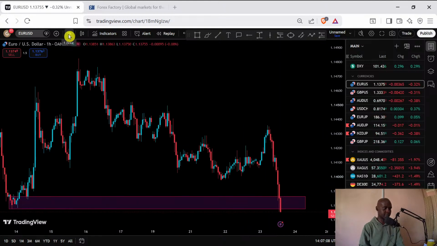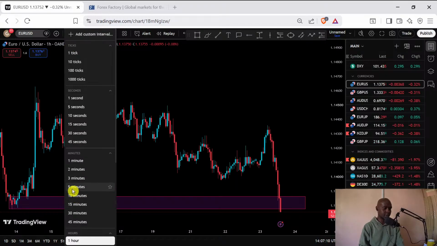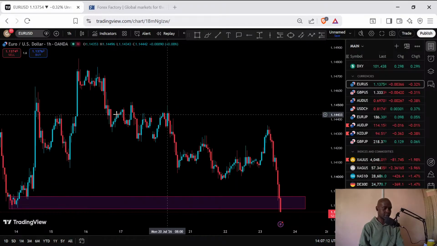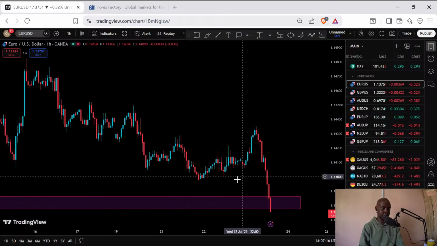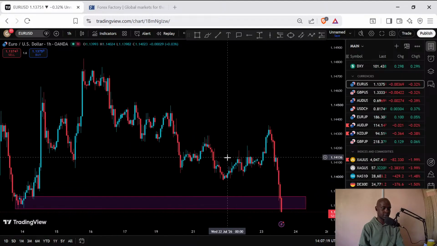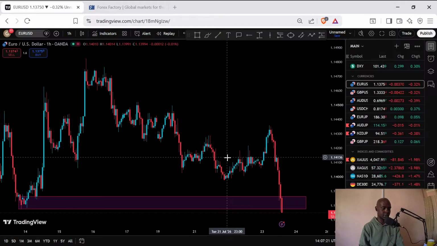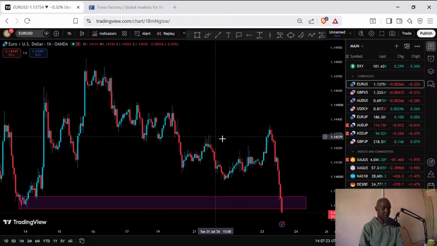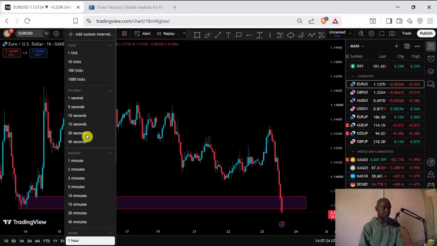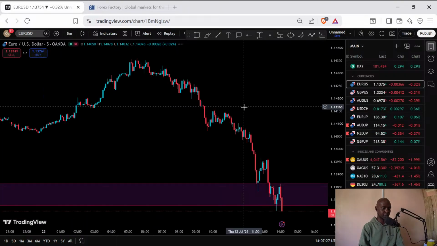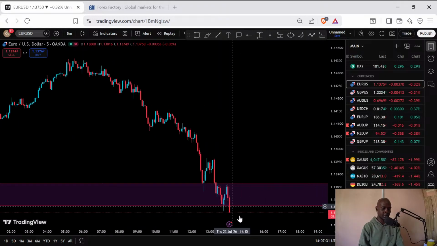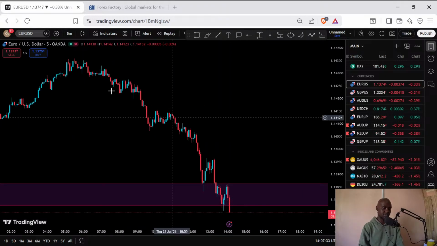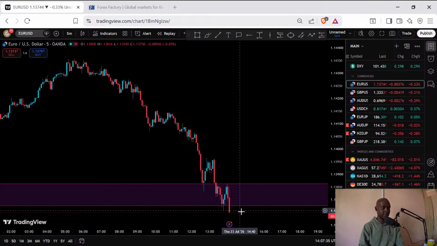For me, it's not the cleanest price action that I'd like to see. But we might continue to push lower and get the new lows, but still for me I'd like to wait for this trend to terminate.